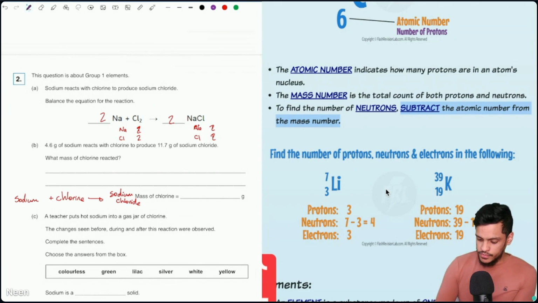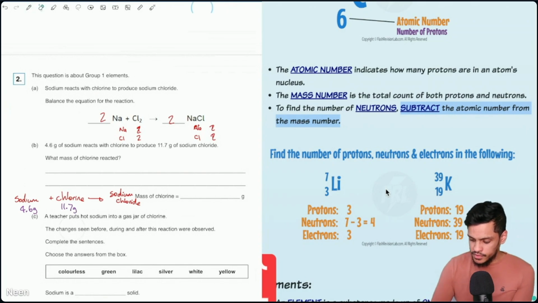So we look at the masses, we've got 4.6 grams of sodium, and we've got 11.7 grams of sodium chloride, isn't it?